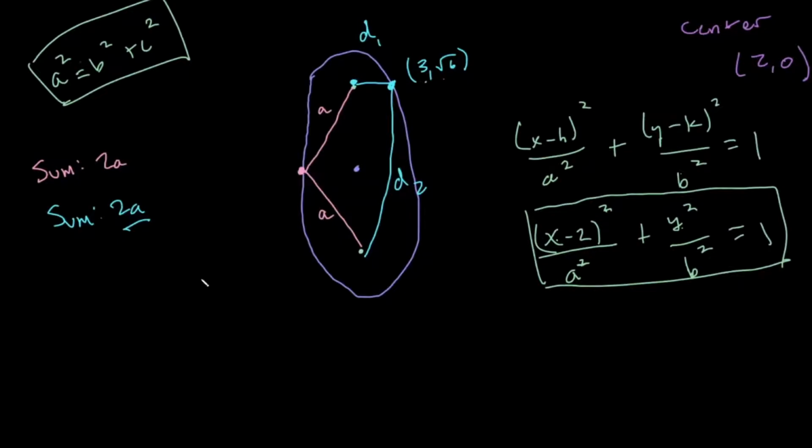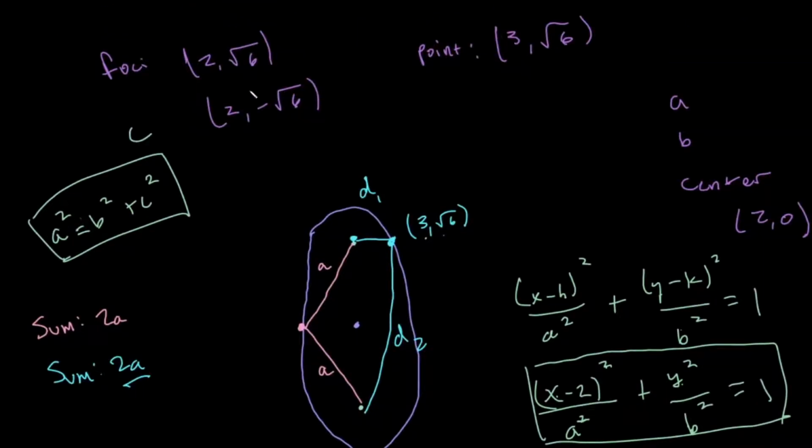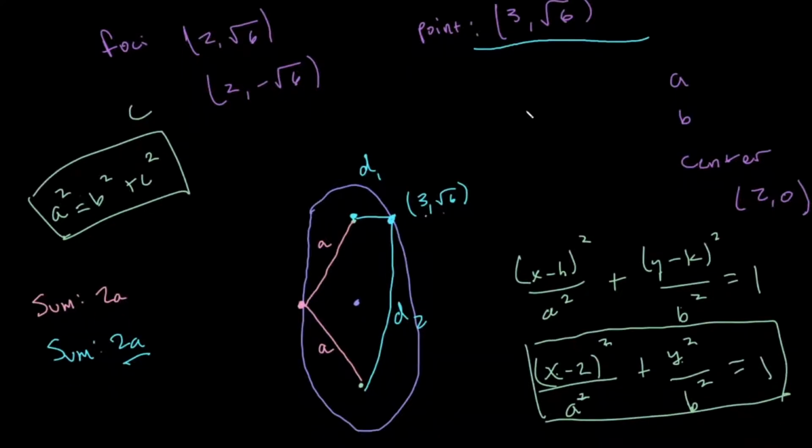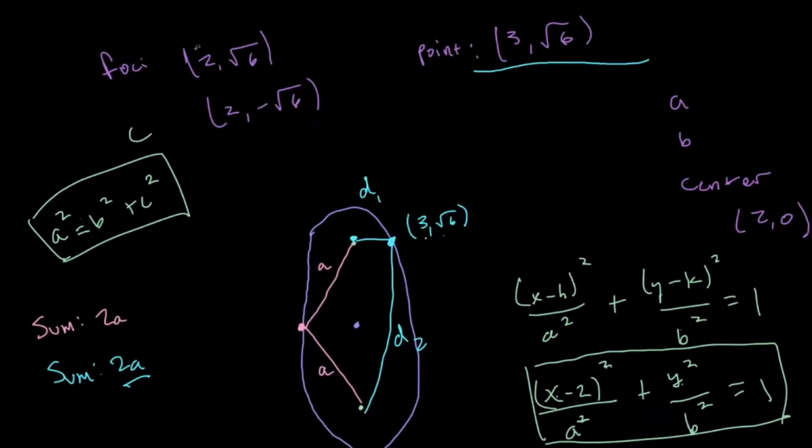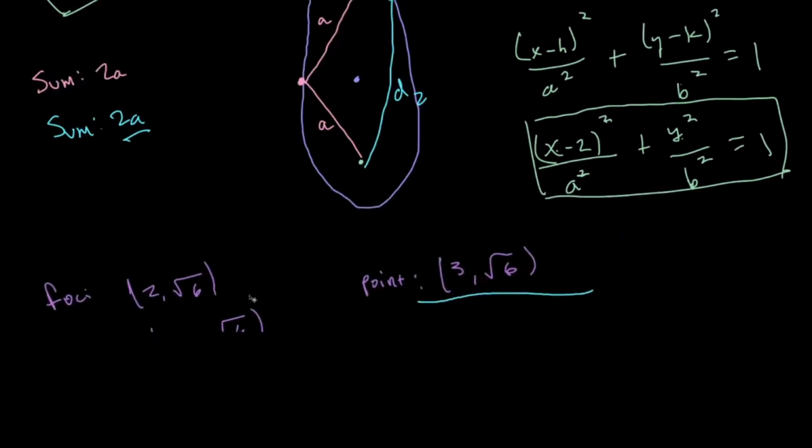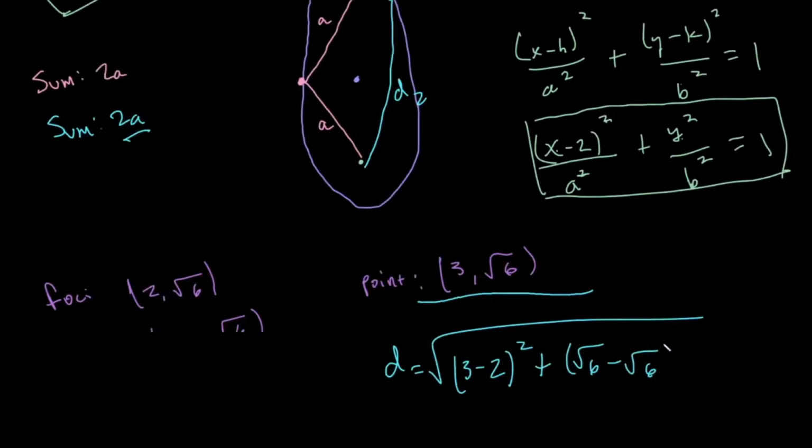So I want to find the distance between this point and one focus. This is problem 6. Let me actually copy this so I can bring it down. So the distance equals the square root of the difference in x coordinates, 3 minus 2 squared, plus the difference in y coordinates, root 6 minus root 6 squared.